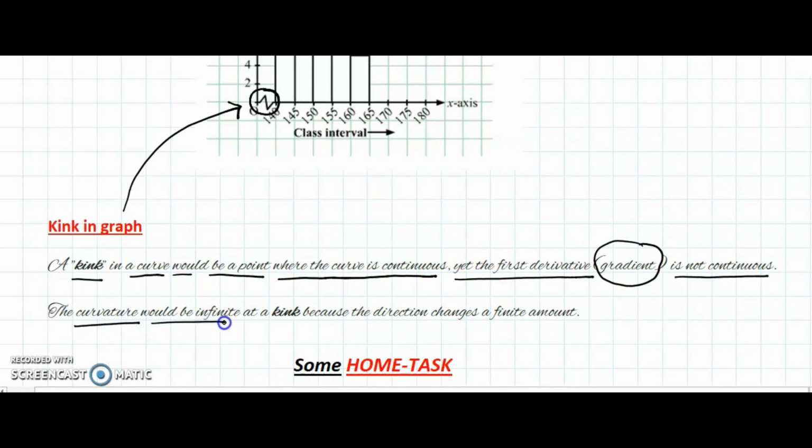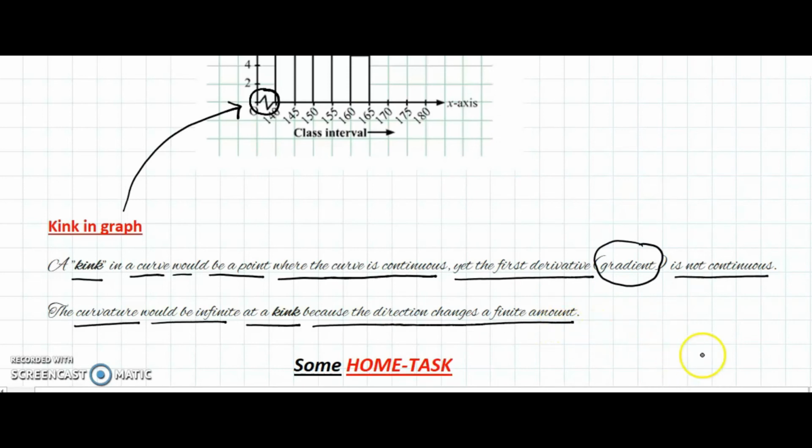The curvature would be infinite, remember, at a KINK. So at the point of the KINK, the curvature will be infinite because the direction changes by a finite amount, after which the direction is going to change to finite values.